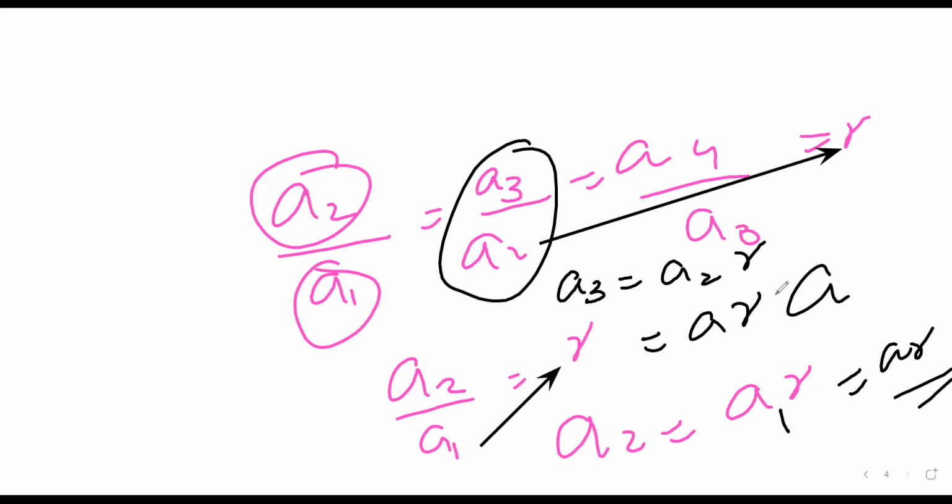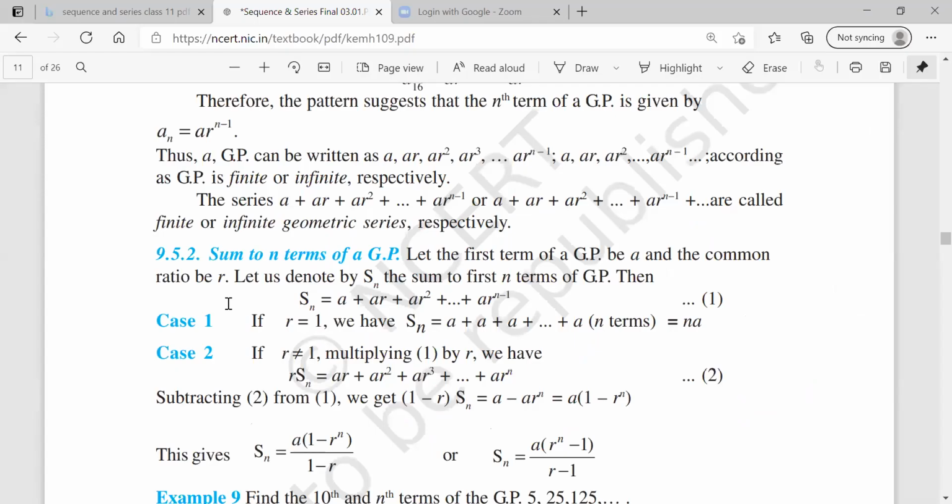So aR into R is aR square. That's how we are getting these equations: a plus aR plus and so on.